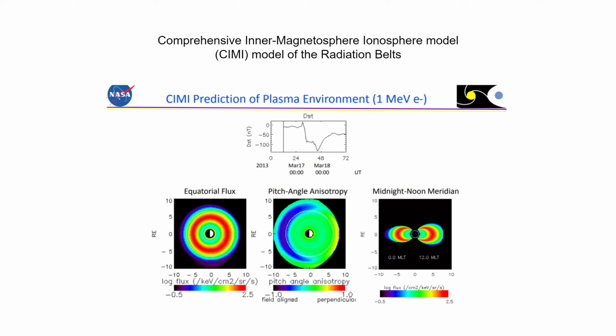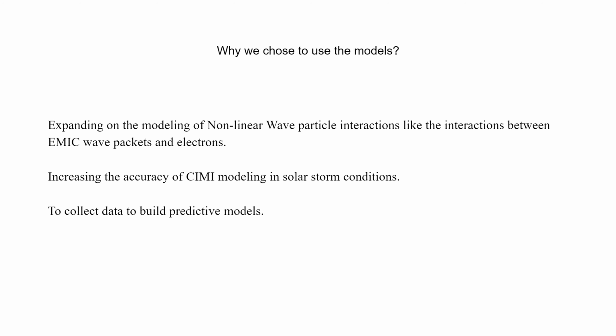Next, from the collection of our data in the satellite mission, we will use it live to model the comprehensive inner magnetosphere ionosphere model of the radiation belts. As you can see here, this will give us a live update on the dynamics of the radiation belts. So the question is really, why would we use models?